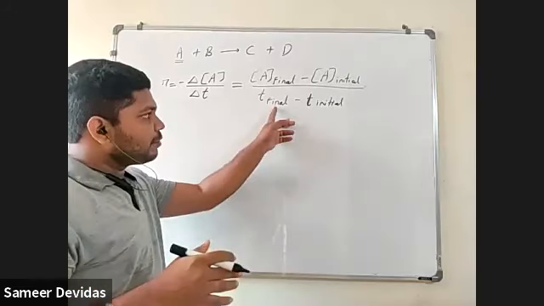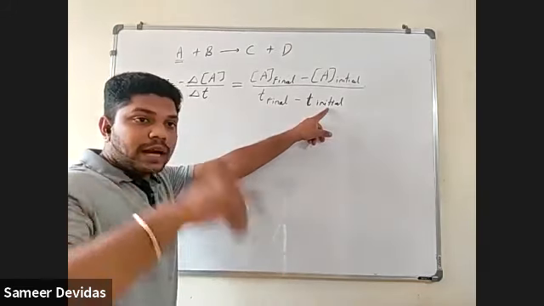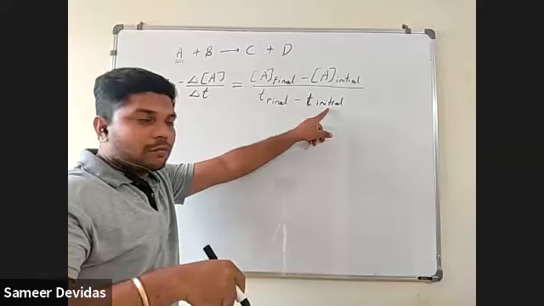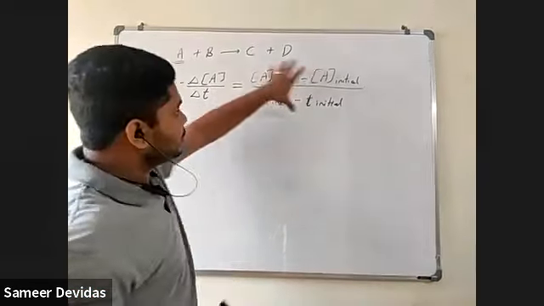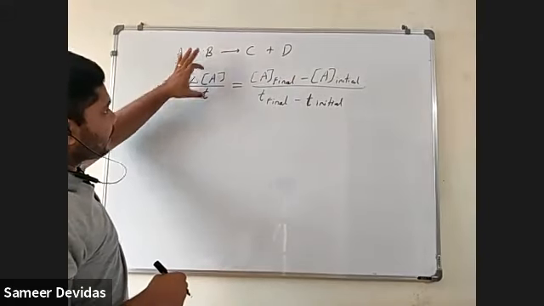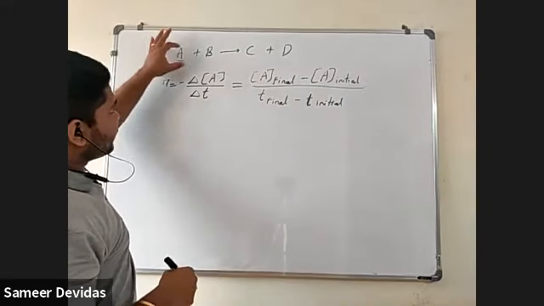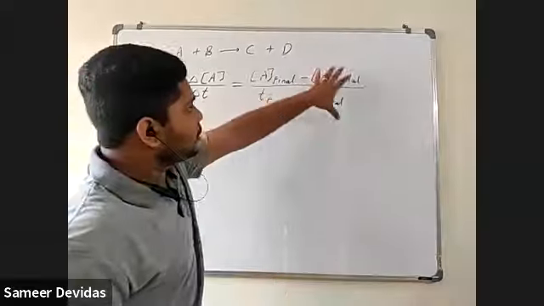Initial means when you are starting the reaction. So whenever we are writing delta A or delta T, delta anything, it is nothing but like this. Is this clear, everyone? Just note down this.